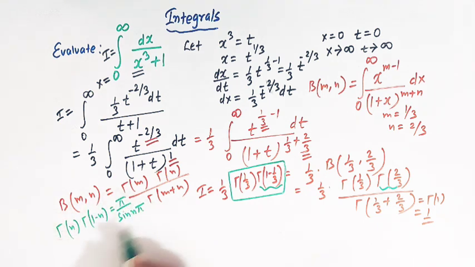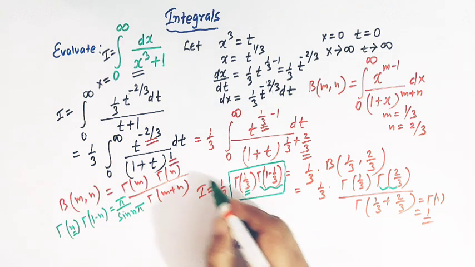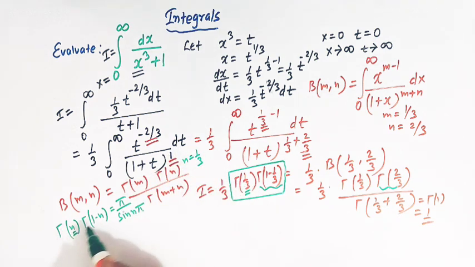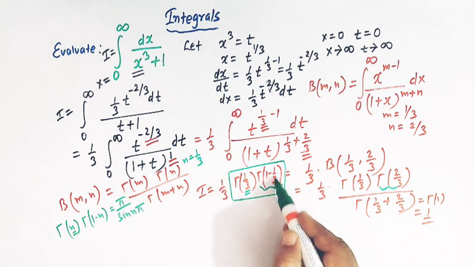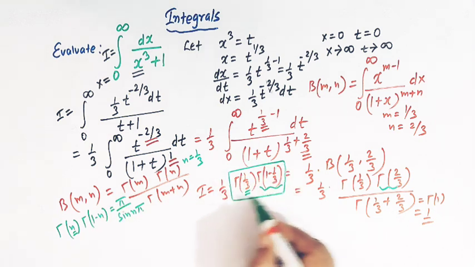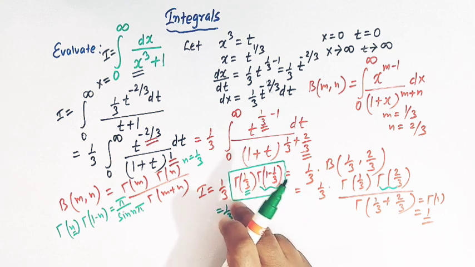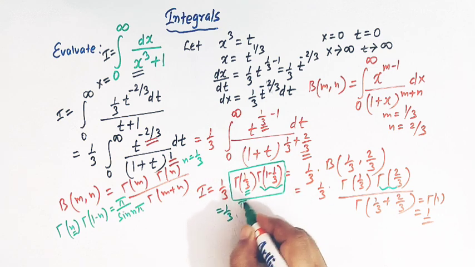So this is the famous Euler's reflection formula in beta gamma functions. So here n is 1 by 3, right? So here we have gamma 1 by 3, gamma 1 minus 1 by 3. So this expression is now pi over sine n pi.